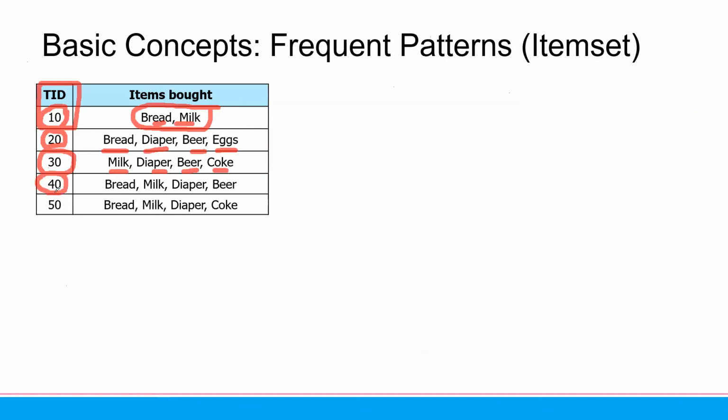TID 40: the person bought bread, milk, diaper, beer, and so on. TID 50: beer, bread, milk, diaper, and coke. So we have 5 transactions, or we can say 5 receipts.